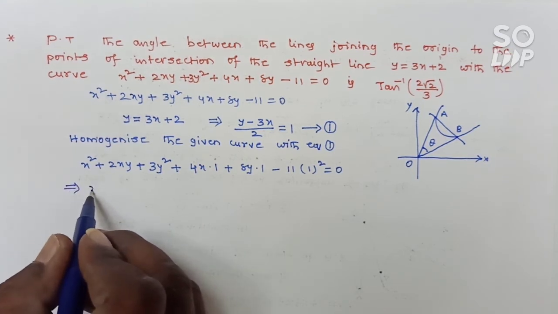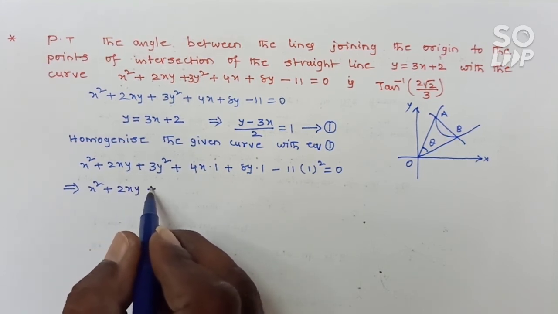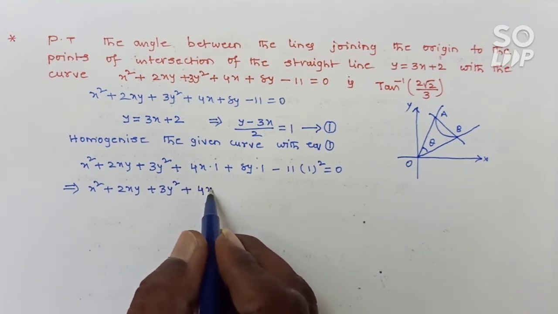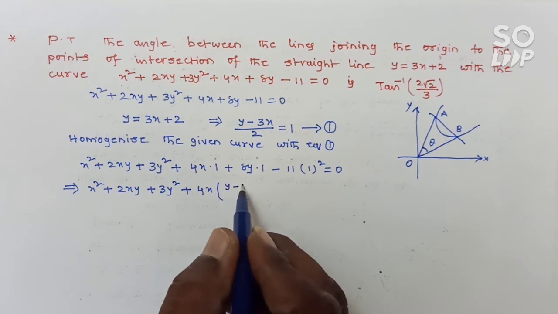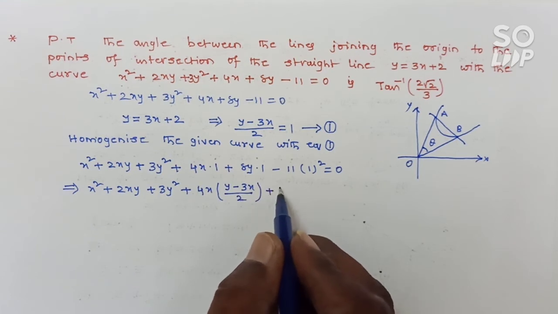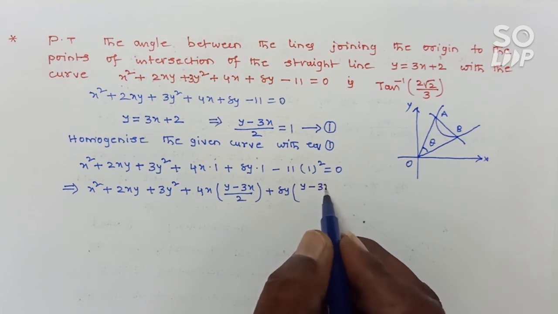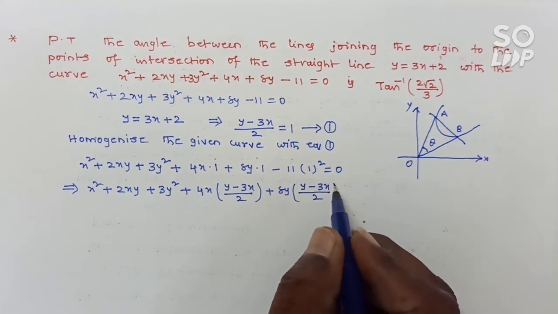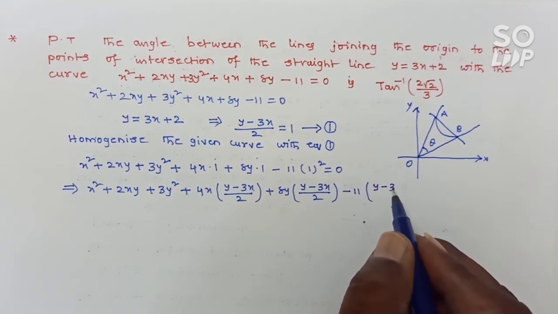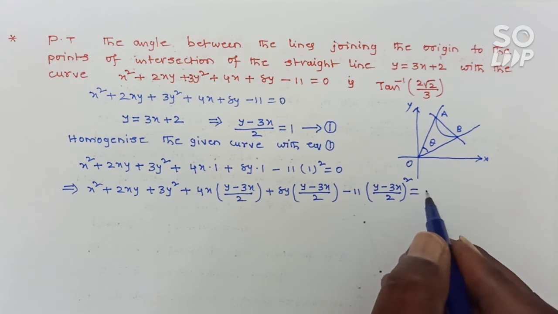That implies x square plus 2xy plus 3y square plus 4x into (y minus 3x) divided by 2 plus 8y into (y minus 3x) divided by 2 minus 11 into ((y minus 3x) divided by 2) whole square is equal to 0.